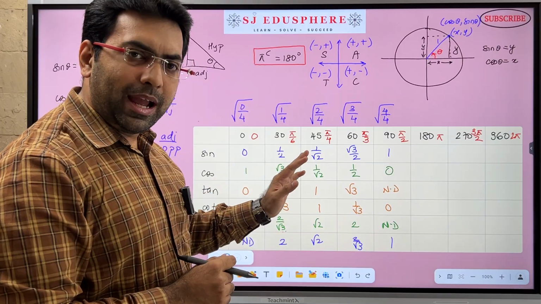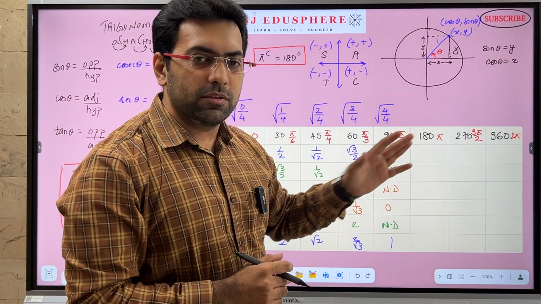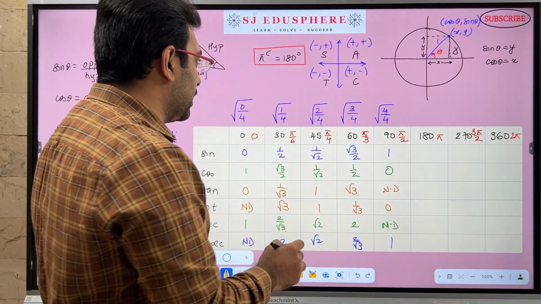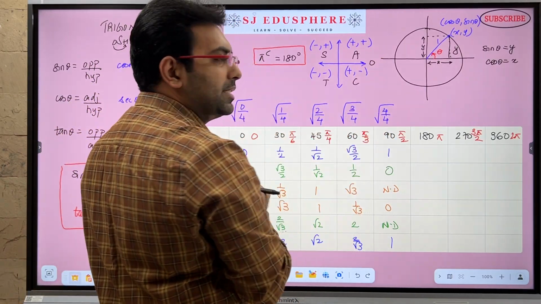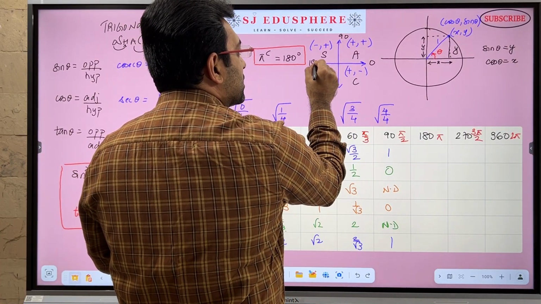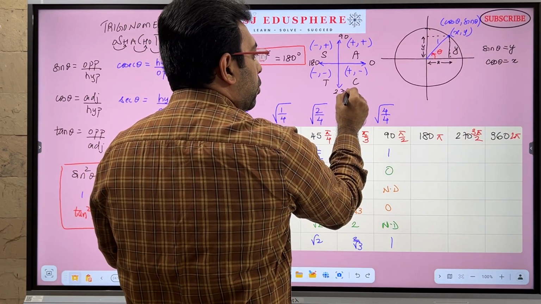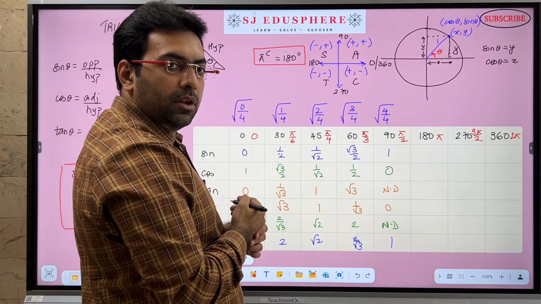Again, we do not learn by heart. We know the first quadrant table and I derive the rest of the 3 values. Look at your table over here. Can I say if this value is 0, over here I have 90, this is 180, over here is 270 and round is 360.